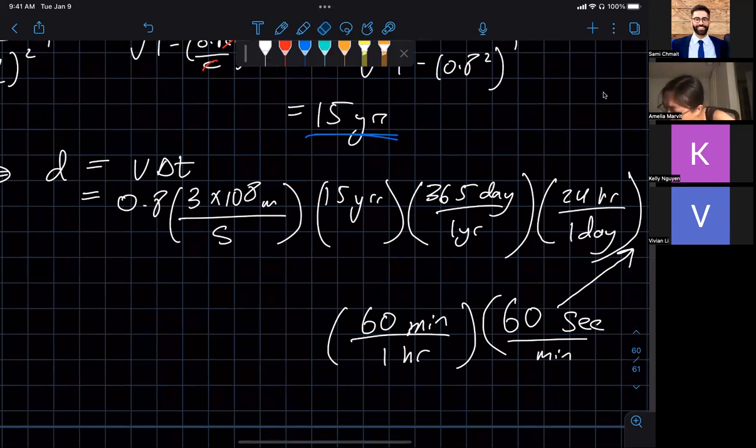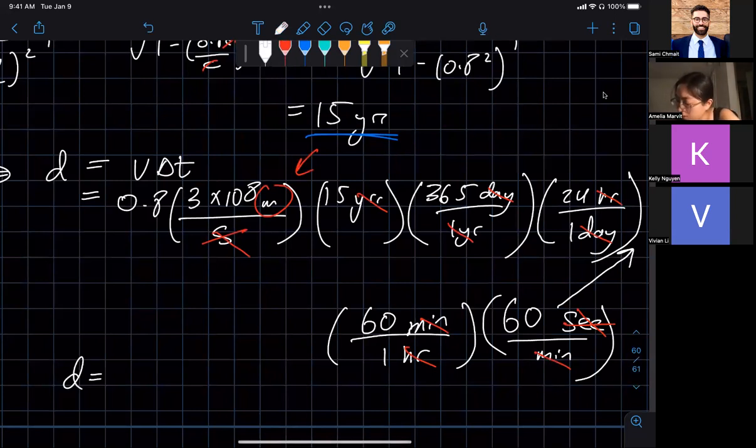All those units cancel out: years, days, hours, minutes, and seconds, and we're left with just meters. So we solve for d in meters, and that's equal to 1.14 times 10 to the 17.